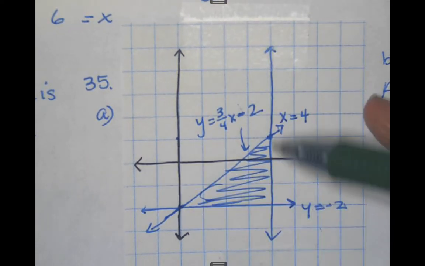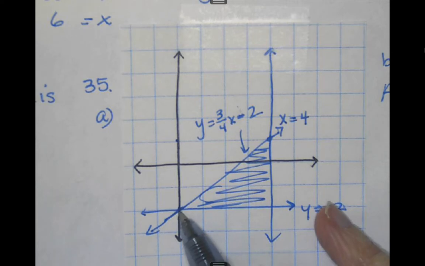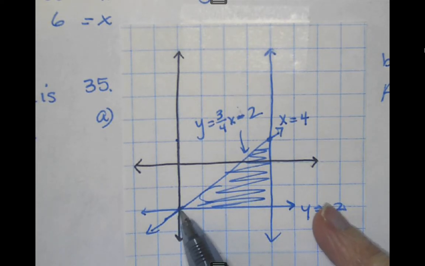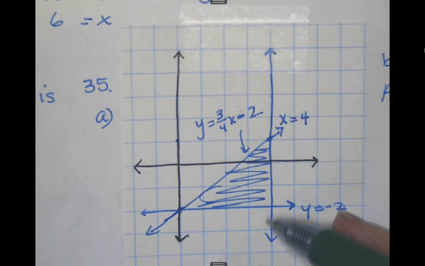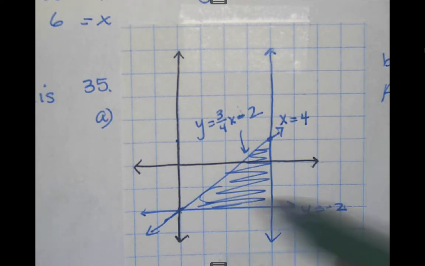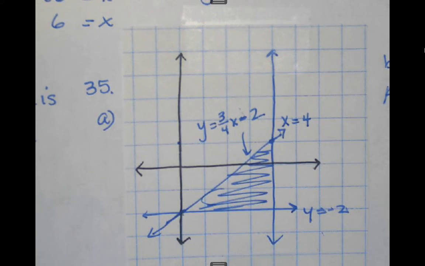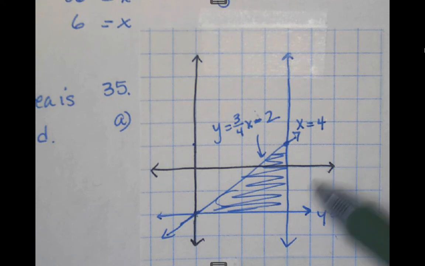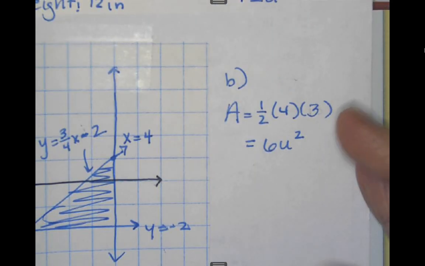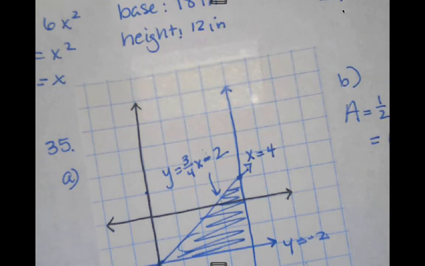The black lines are my x and my y. There's the -2 intercept. I go up 3/4. There's the slope. This line right here is x equals 4. This line right here is y equals 2. So then when I find the area of the triangle, the base is just 1, 2, 3, 4 units. The height is 1, 2, 3 units. So the area of the triangle is just 1/2 the base times the height. Okay? Alrighty.